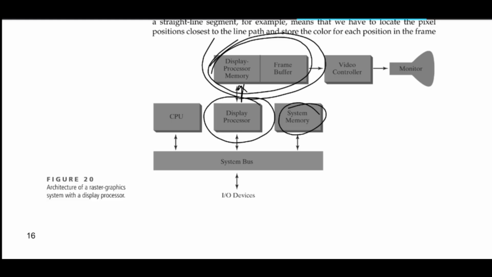Then there is the video controller, which helps to display the image elements on the monitor. We also have to know that the display processor is only capable of handling graphics. It helps to process the graphics, which helps in image generation or image processing.